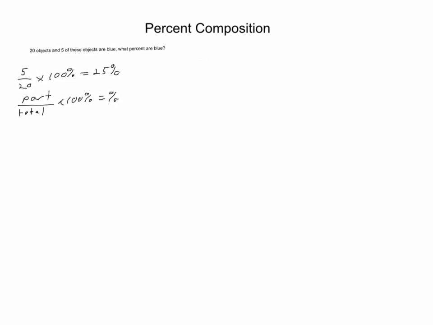And in chemistry, we often want to find a percent composition. So let's start with a simple compound. Let's start with potassium chloride. And we want to find the percent by mass.